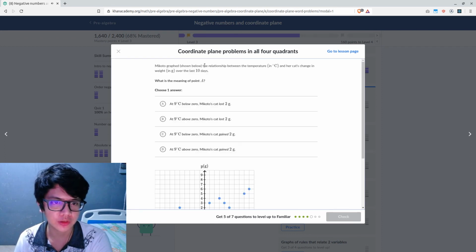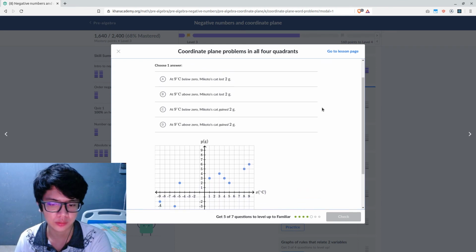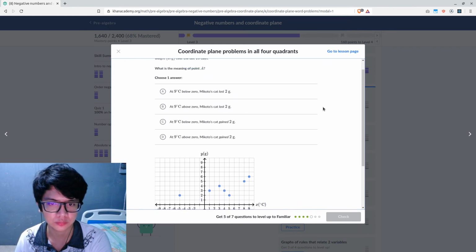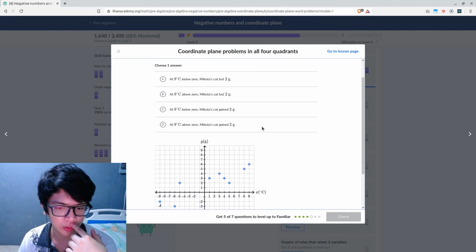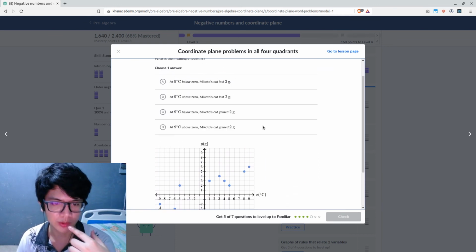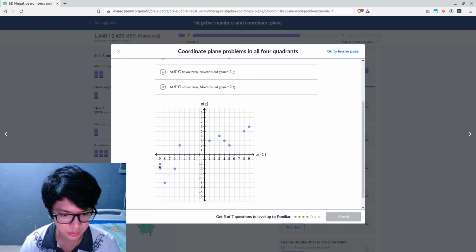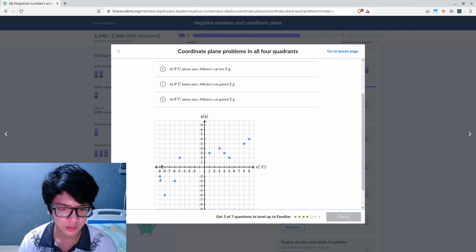The graph shows the relation between the level in C and the cat's change in weight over the last 10 days. What is the meaning of point A? Here we go, point A. Negative 9 and negative.